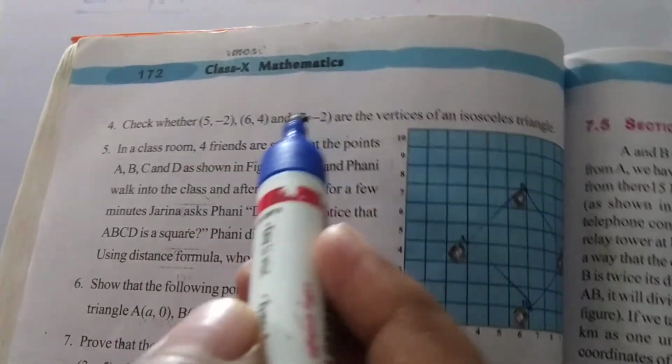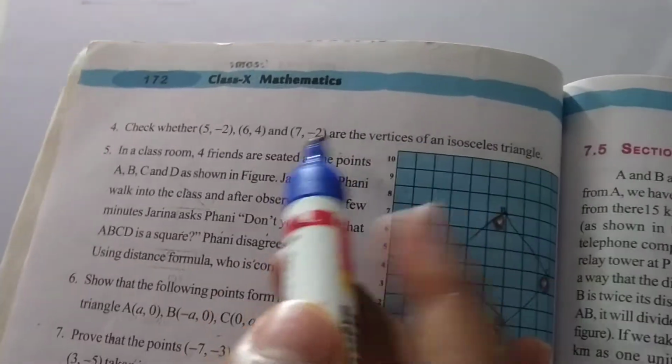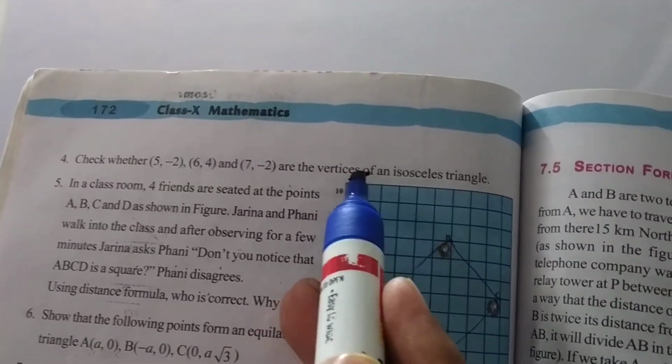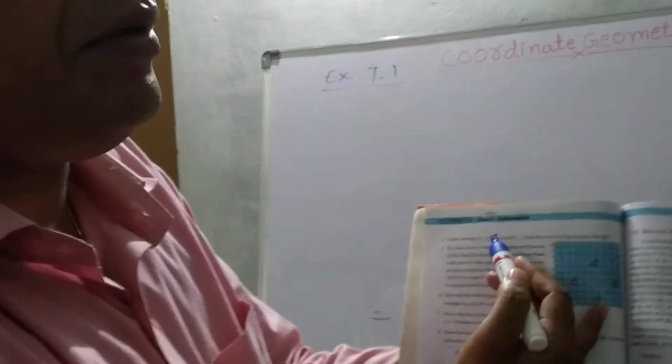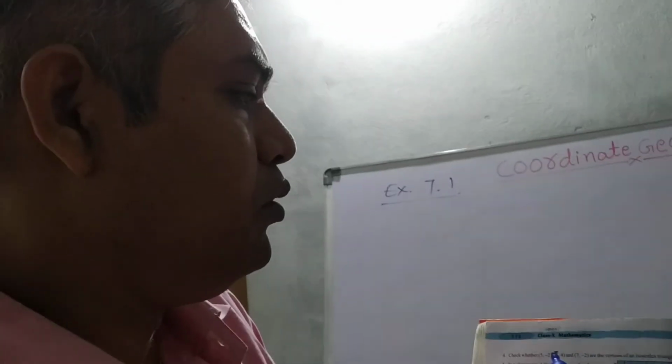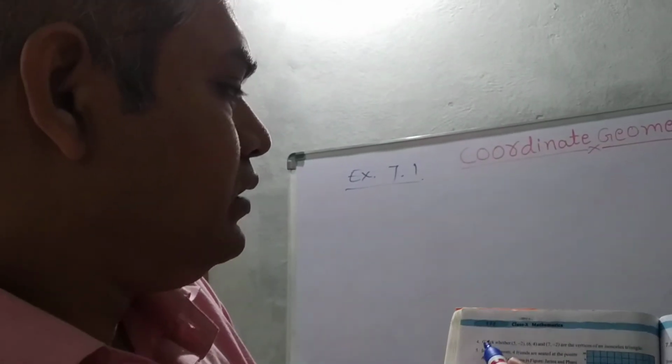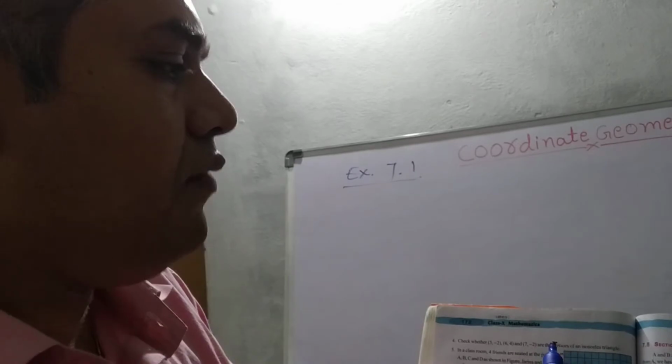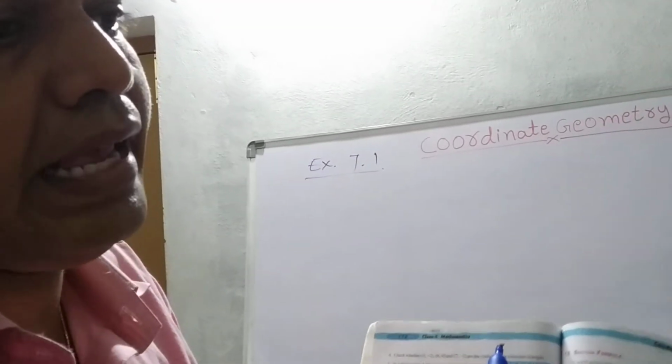Check whether (5, -2), (6, 4) and (7, -2) are the vertices of an isosceles triangle. The 3 points are given. We have to check whether the given points are vertices of an isosceles triangle or not.